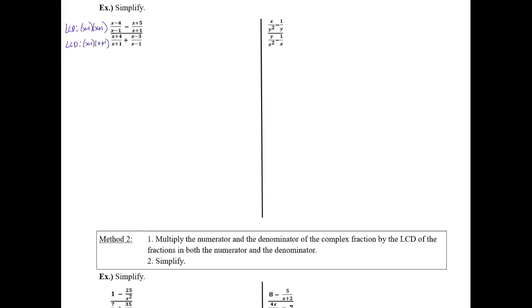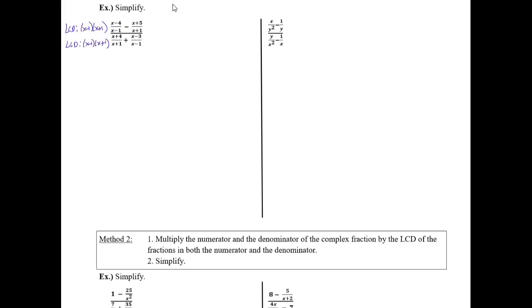Now it's possible for these LCDs of the fractions in the numerator and the fractions in the denominator to be different least common denominators. Now we need to make these fractions have that least common denominator. So the fraction here on the left in the numerator has the x minus 1 in its denominator, but it doesn't have the x plus 1.